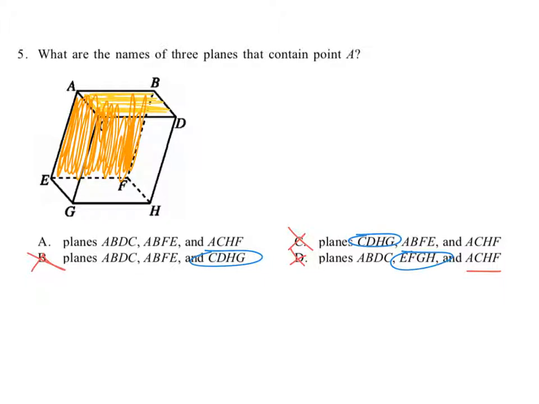Let me run over this yellow a little bit better so it's not drowned out. And then also it names ACHF, which we just talked about, and that is the one that runs from here down to here, and it runs at a diagonal. And if you check in with me, I can give you a better visual. I can use one of the whiteboards that we've got as a representation of the plane, and I can use a cardboard box or something like that, kind of show you what it looks like when it's running diagonally.